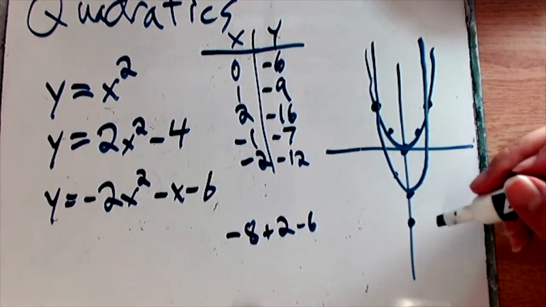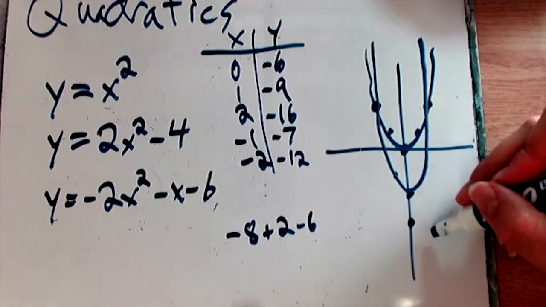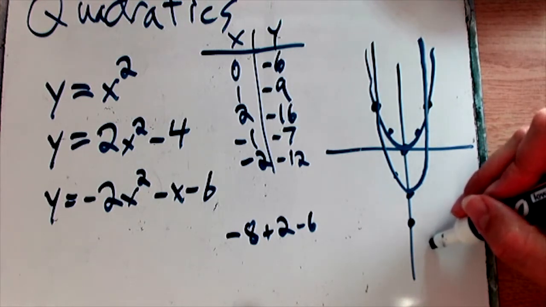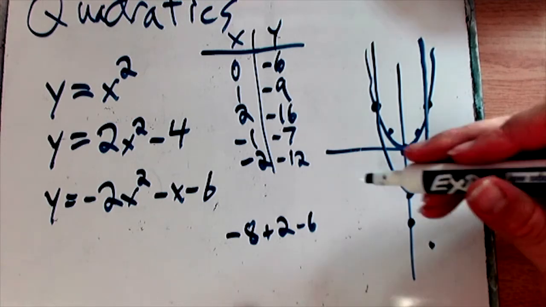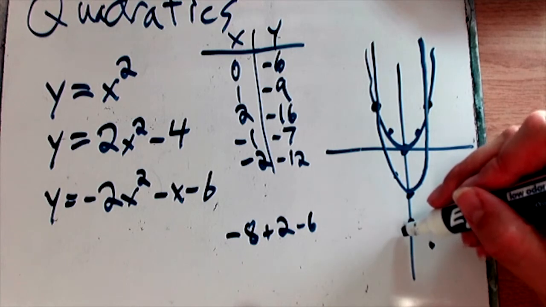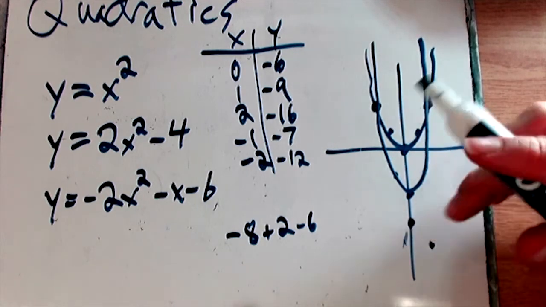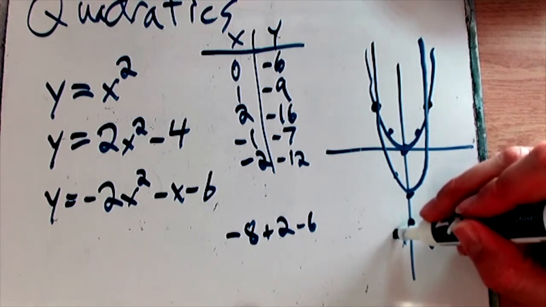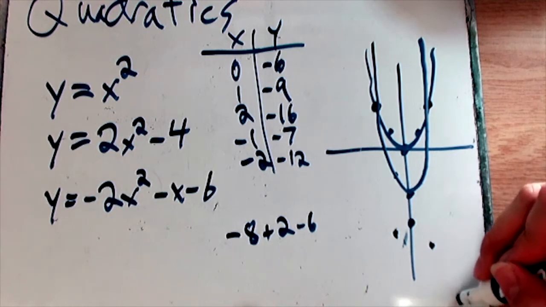And when we really start to identify this, we got 0 and negative 6, we got 1 and negative 9. Let's say here. We got negative 1 and negative 7, which is, let's say, here. And then we got 2 and negative 16, which is way down here.